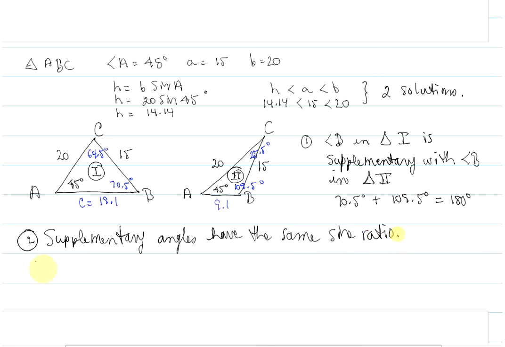So sine of 70.5 degrees and sine of 109.5 degrees should be the same.